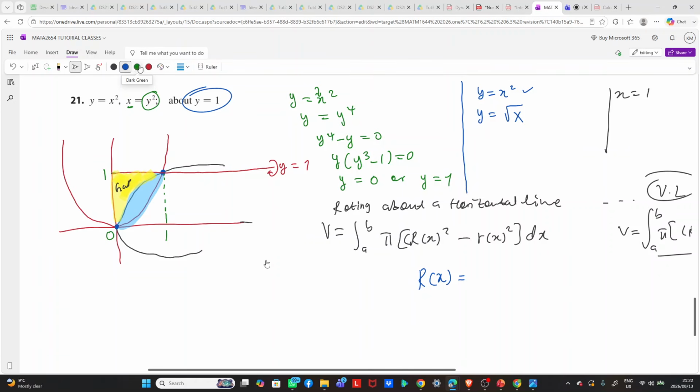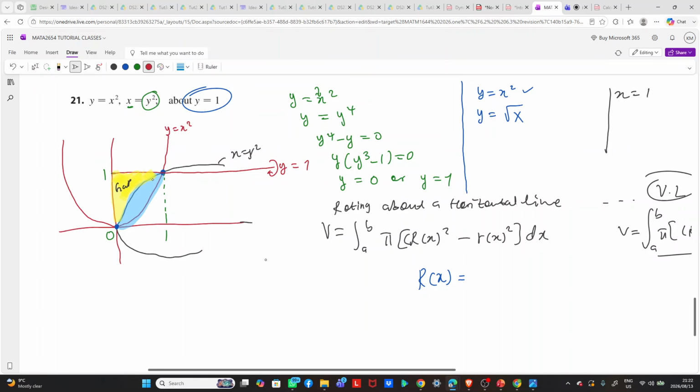Okay. Remember that on the graph, this black one was x equals y squared. And the red one is y equals x squared. Fine.